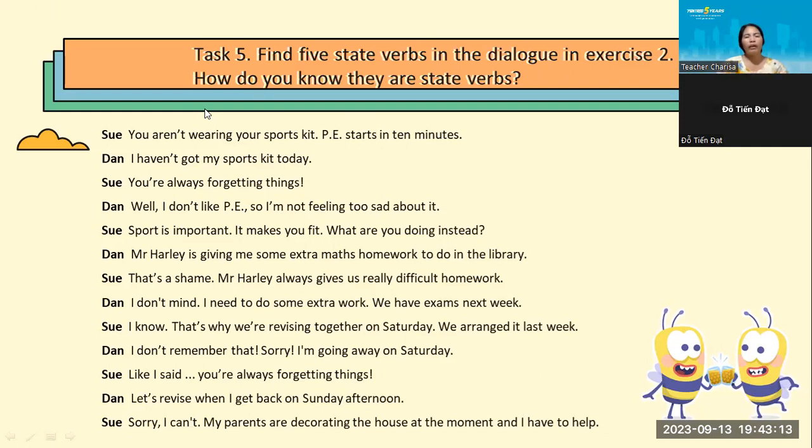So go, what are the 5 state verbs in the dialogue?